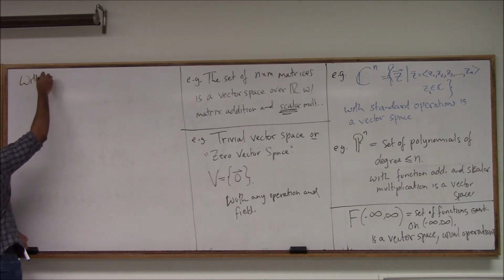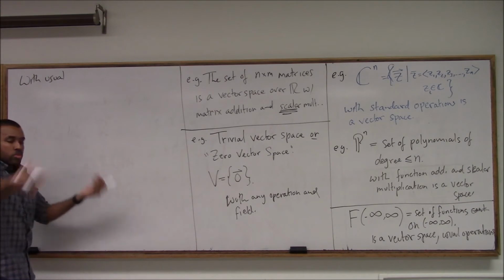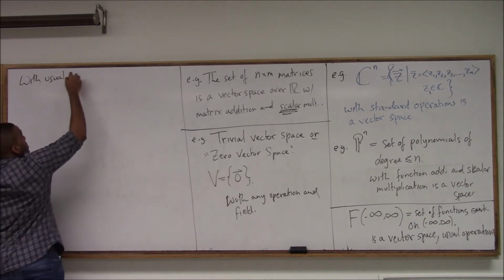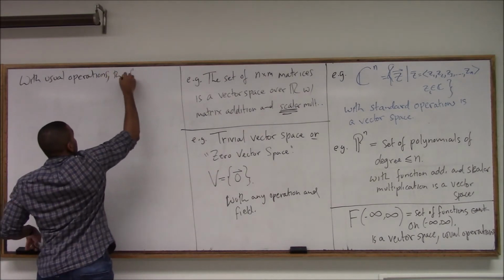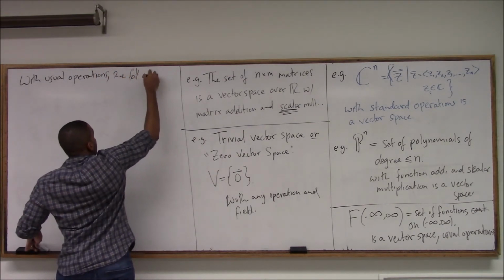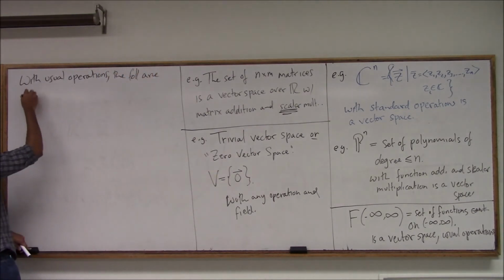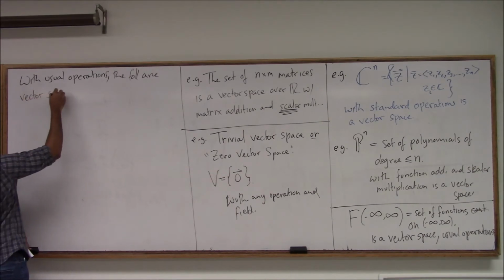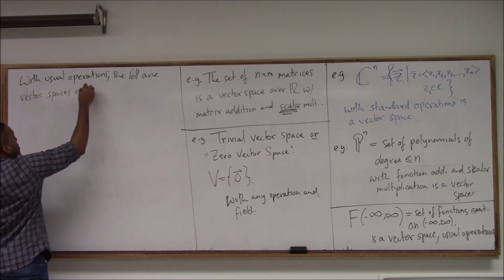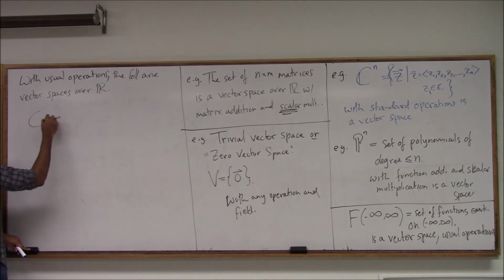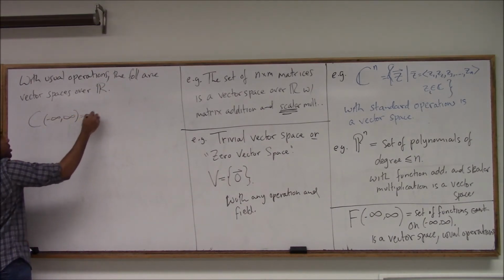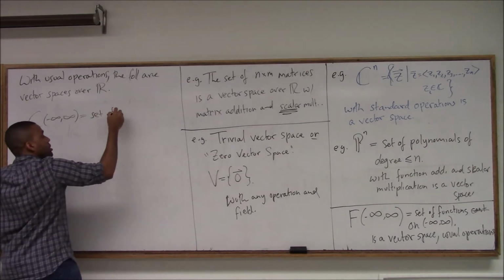With the usual operations, meaning what you would have done in previous classes, the following are vector spaces over R. This is the set of all continuous functions on the real line.